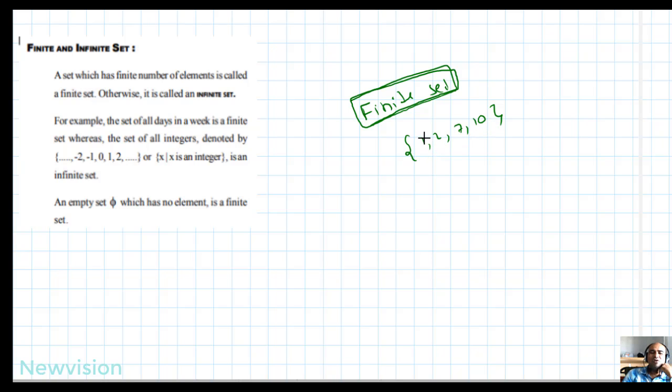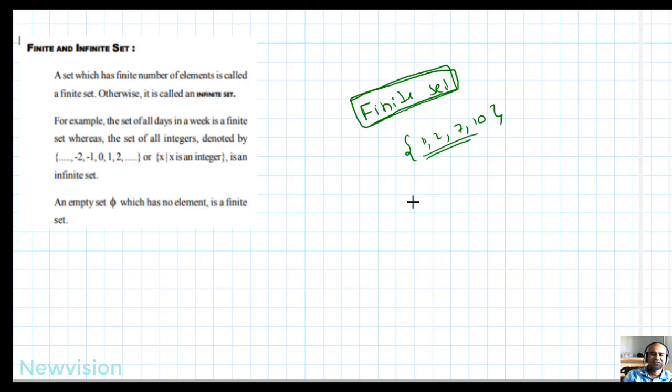I start my counting 1, 2, 3, 4. If my counting surely will end, then I can say that it is a finite set. Otherwise, the set is said to be an infinite set. Here I can count 1, 2, 3, 4, ended. So this is a finite set. A set containing a finite number of elements is called a finite set. A set containing an infinite number of elements is called an infinite set.